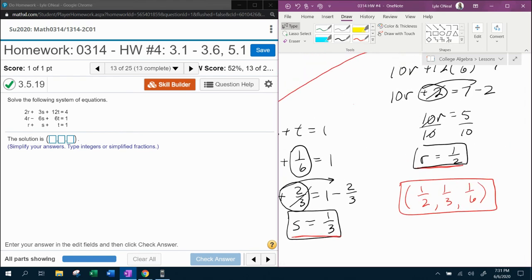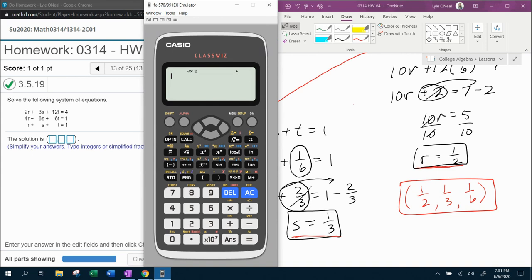I'm going to check. Pulling up my calculator, we're going to go to the menu, scroll down to equation/function, simultaneous, number 1, and the number of unknowns is 3. And just so you know, X, Y, and Z, in this case, is going to be R, S, and T, still alphabetical order.